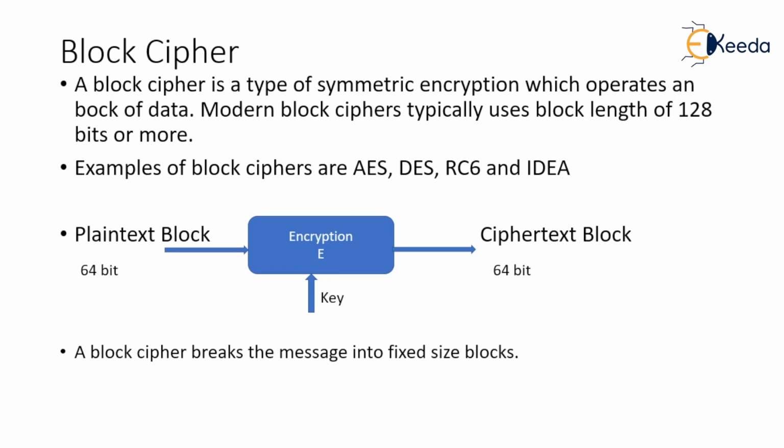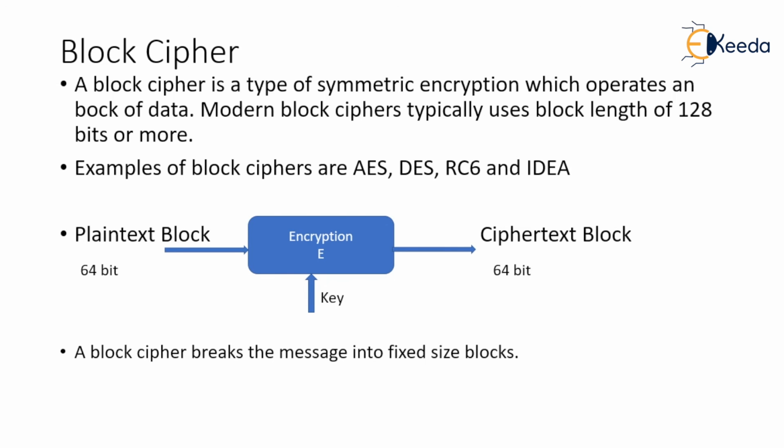In your syllabus, RC6 is not present, RC5 is there, IDEA is not there, but these are given as simple examples of the block ciphers, which work upon a block of your plain text, and that complete block then gets converted into the ciphertext instead of the bit by bit conversion.